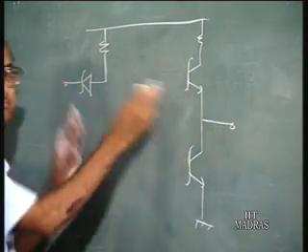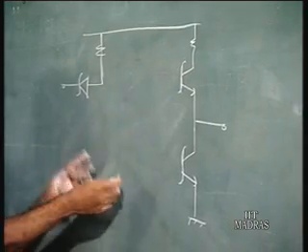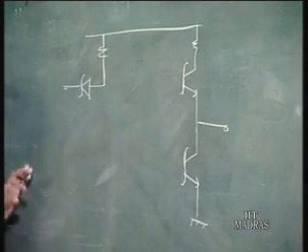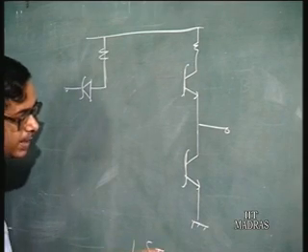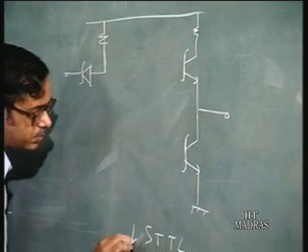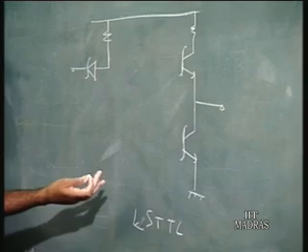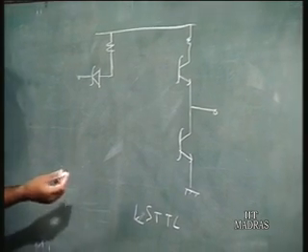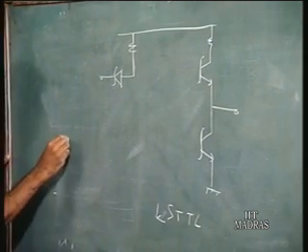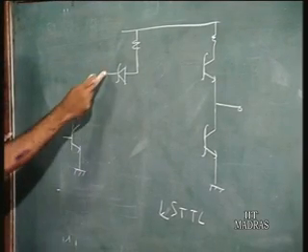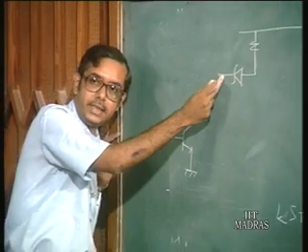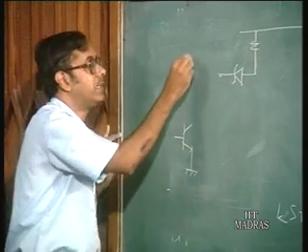I am not drawing the internal circuitry, just the two other ends. So suppose you want to interface I²L with LSTTL, what do you do? Now the I²L NPN transistor is all right, this output has to be fed as input to the TTL, very simple.